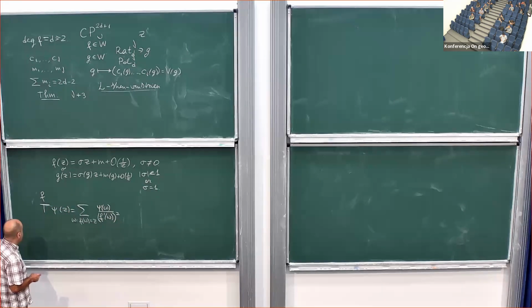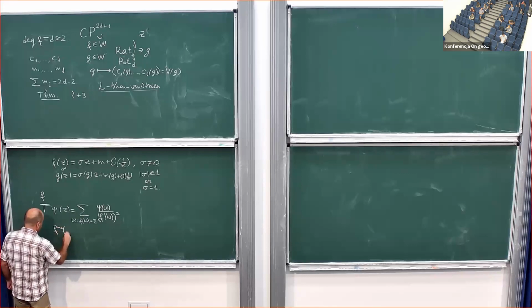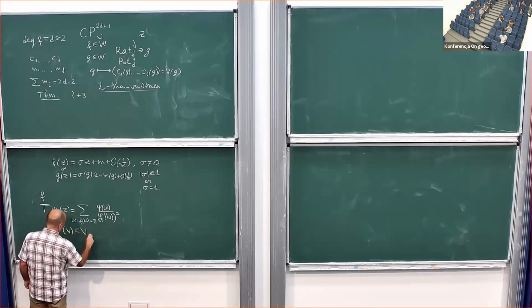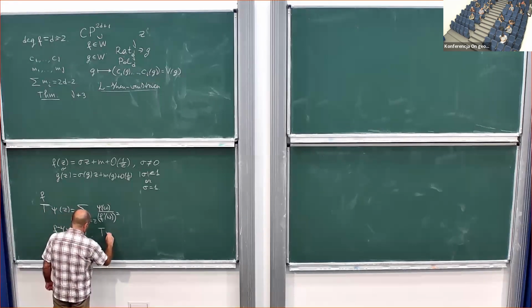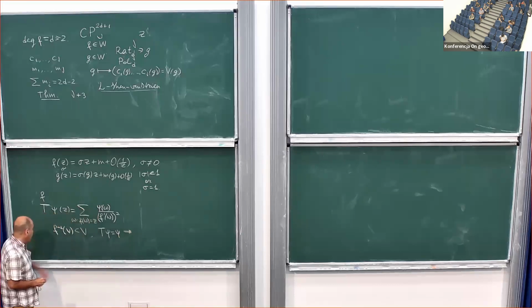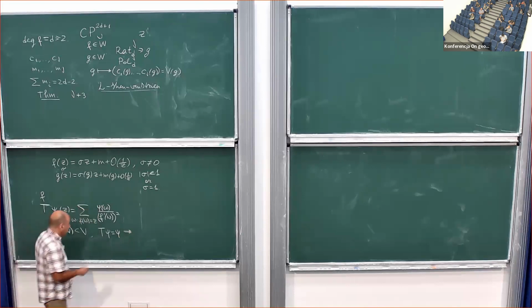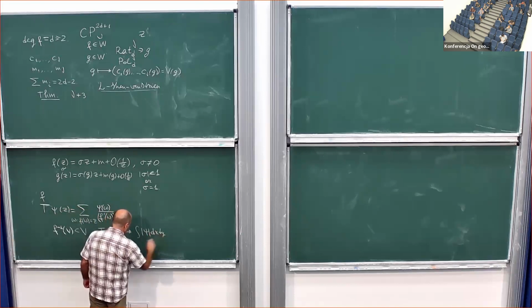So this is this operator. Thurston discovered that it is kind of contracting because if you have some set V, which is backward invariant, and if you have a fixed point psi of this operator, and this fixed point is Lebesgue integrable on the Riemann sphere, then just by the change of variable you get this.